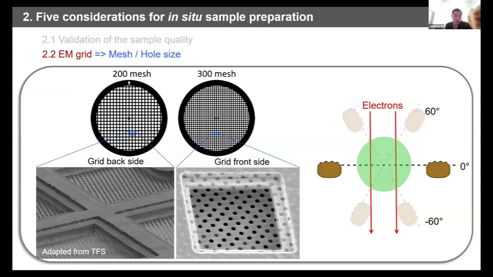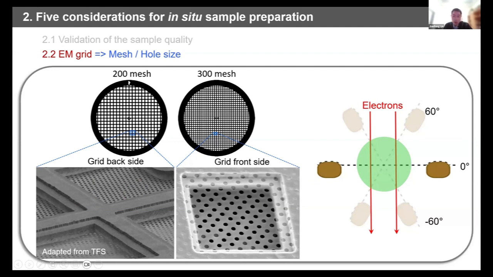But here I will focus more on the selection among the meshes or hole sizes, because if you look at the scanning image of the cryo-EM grids, the grid bar is actually very thick. This kind of thick grid bar will block your view after sample tilting.